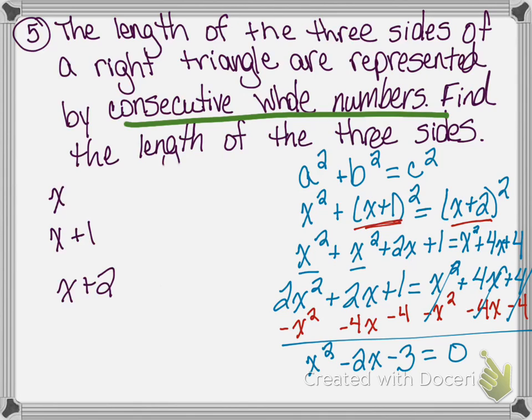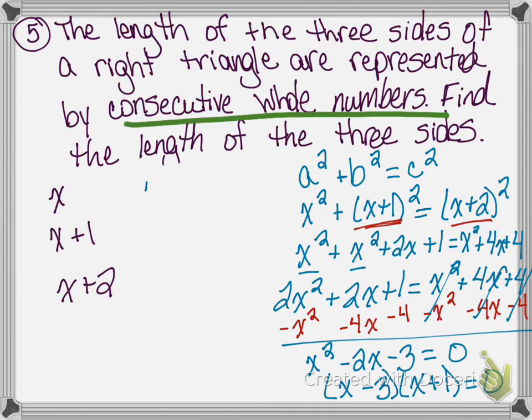Okay? I can factor that to x minus 3 and x plus 1. Negative 3 times 1 is negative 3. Negative 3 plus 1 is negative 2.